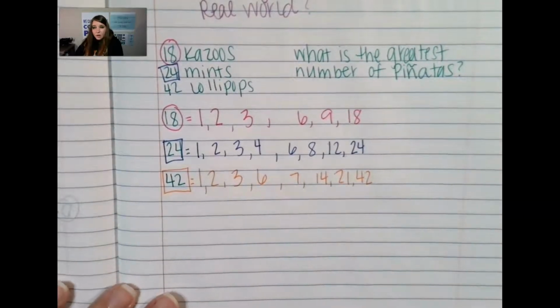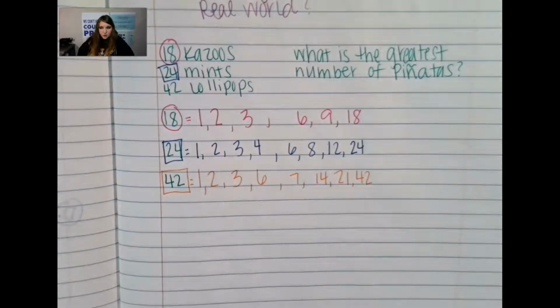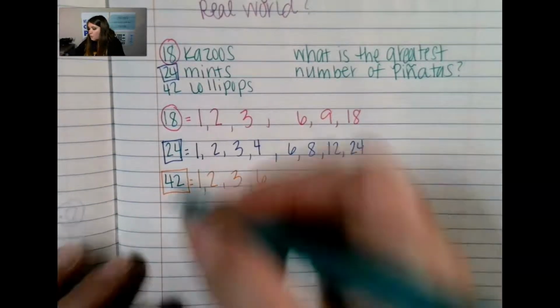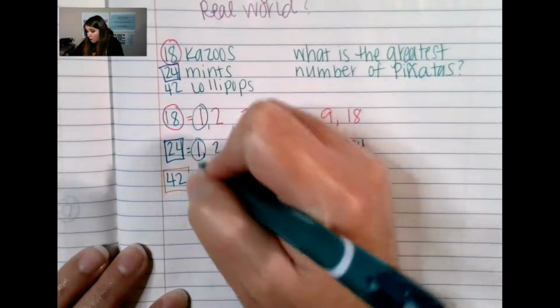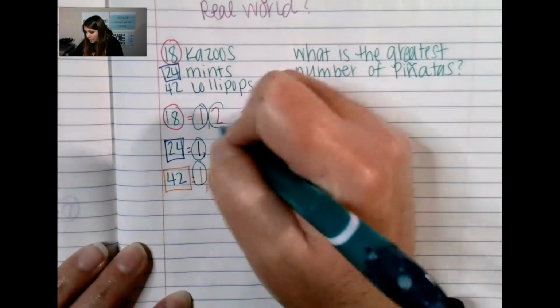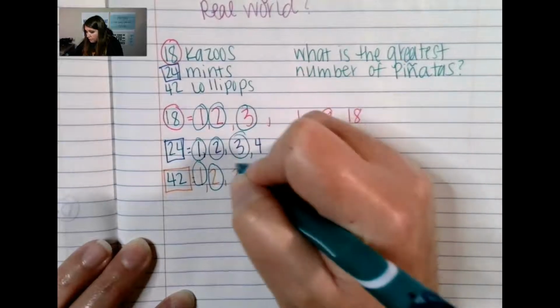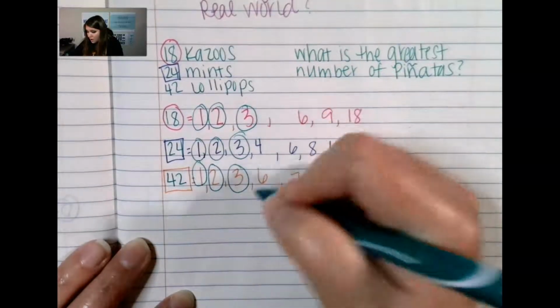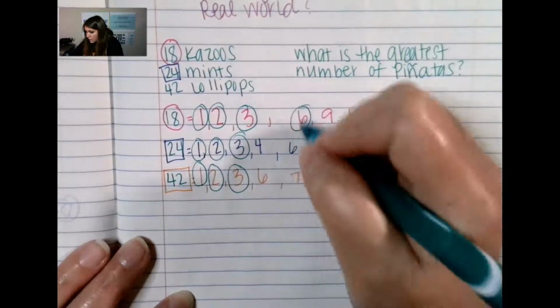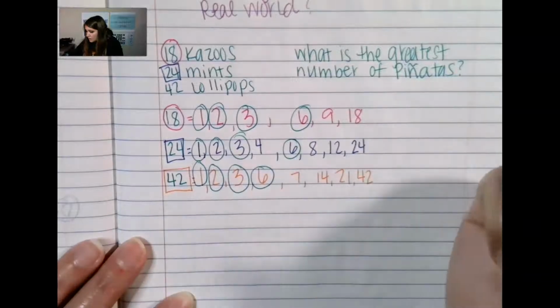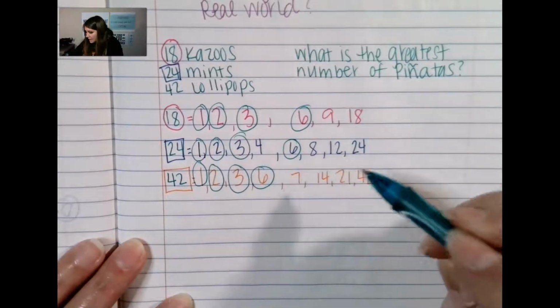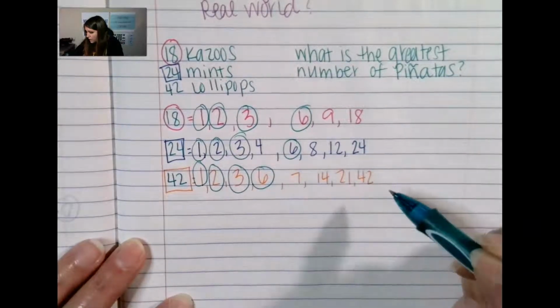So there we go. All right, let's look for the greatest common factor. What are the factors that they have in common? All three of them have ones. They all have twos. They all have threes. They do not all have fours. Ooh, 6. Look at 6. And 9 and 18, nope and nope.